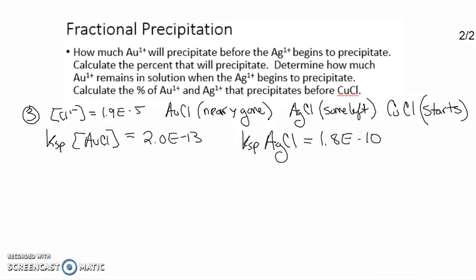Again, we know the chloride ion concentration at this point, so we plug the chloride ion concentration of 1.9 times 10 to the negative 5th into both Ksp calculations, solving in the first problem for the Au concentration and in the second problem for the Ag concentration.